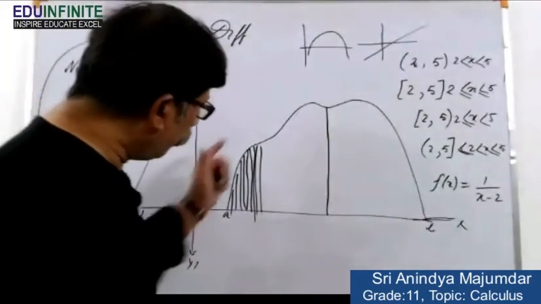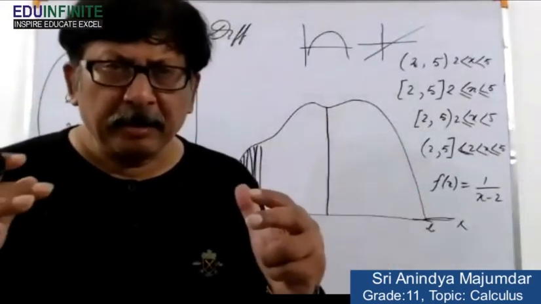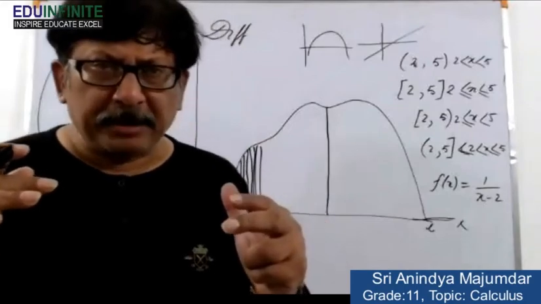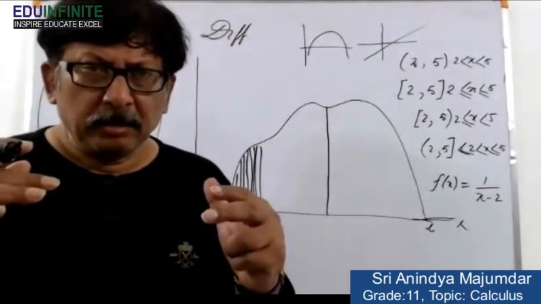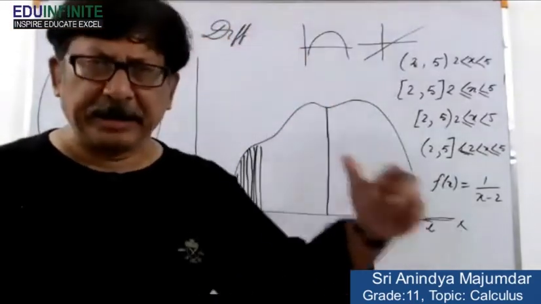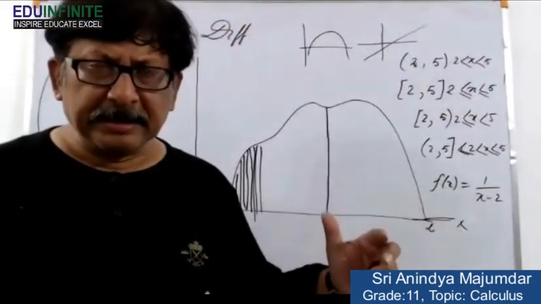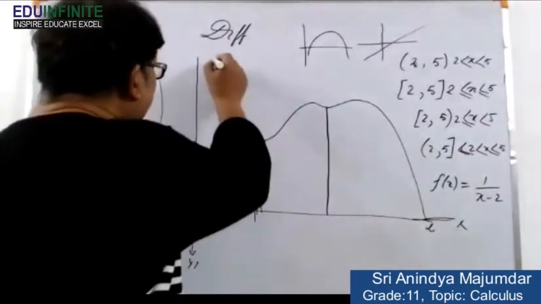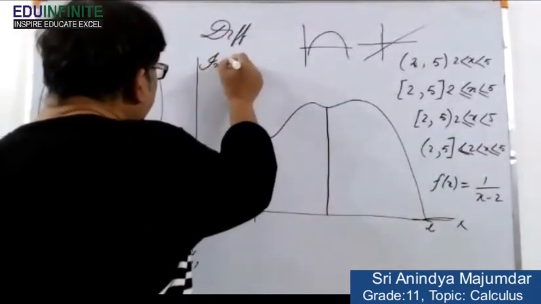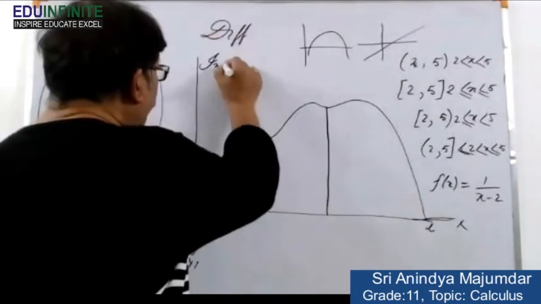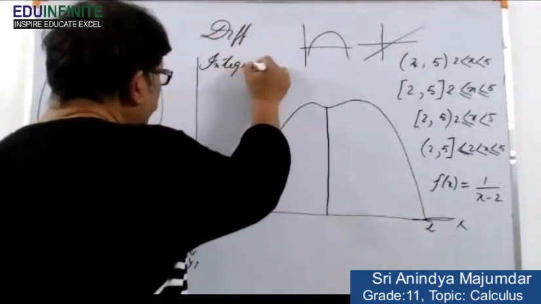We have to get the whole area, so we have to sum up those infinite number of parts. That is the summation of all those rectangles, all those parts, infinite number of parts. That is known as integration. Summing up and breaking up, integration.